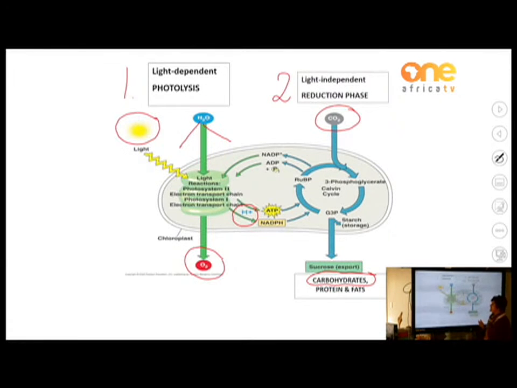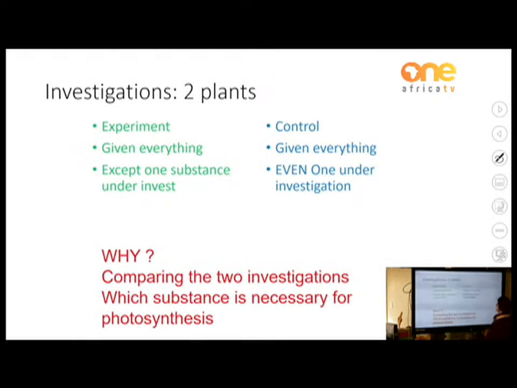But as we said yesterday, if the light phase did not take place and there are no hydrogens coming into this phase to have hydrogens, carbons and oxygens that will form the carbohydrates, this phase will also not take place. And that is what we are going to study today.